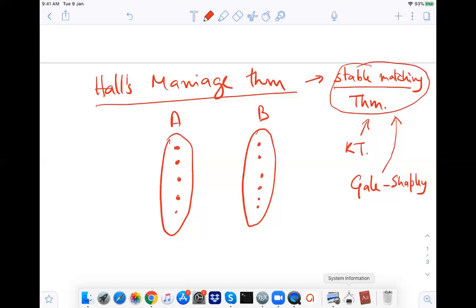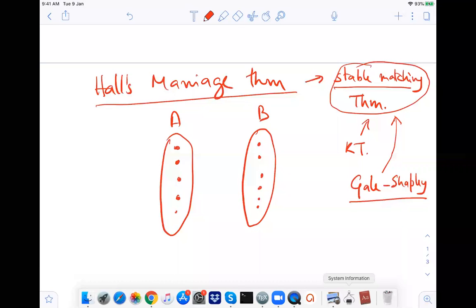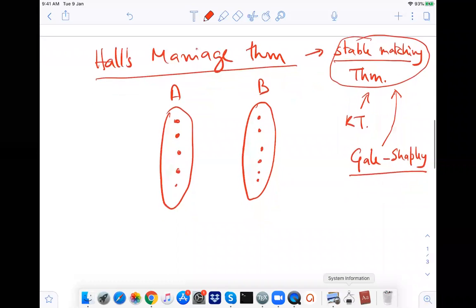Similarly, there is Gale and Shapley, who worked on this stable matching theorem. It's an important concept. It's finally an algorithmic question, but it has big implications in lots of other things.